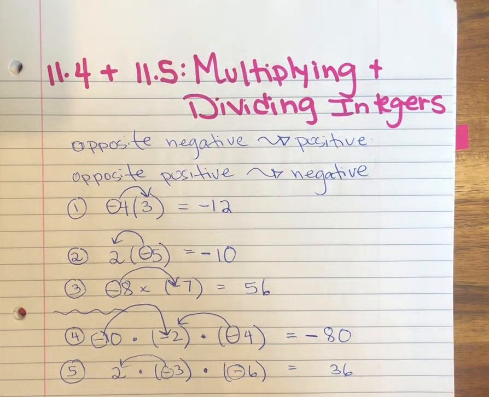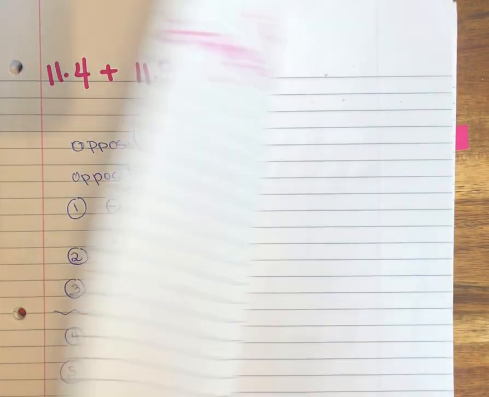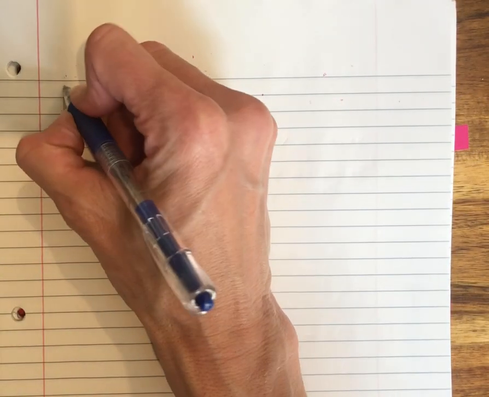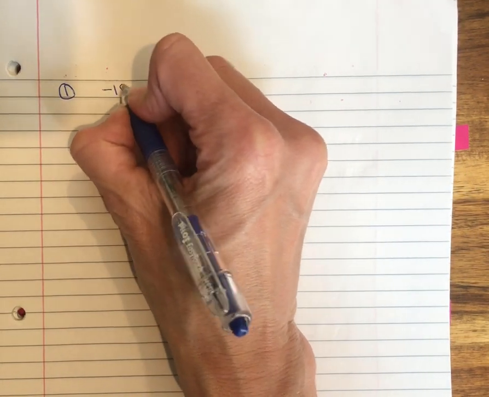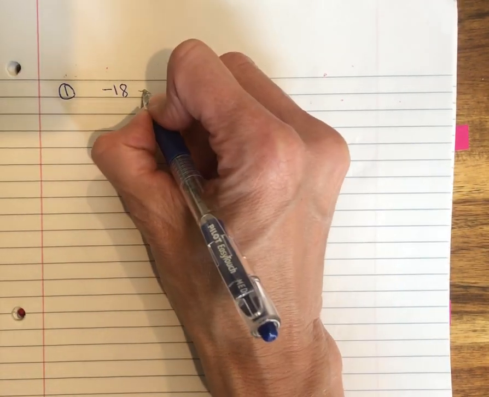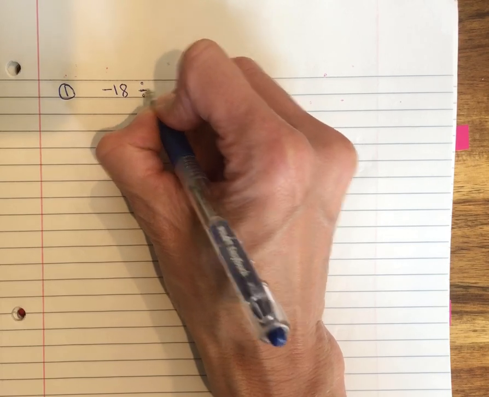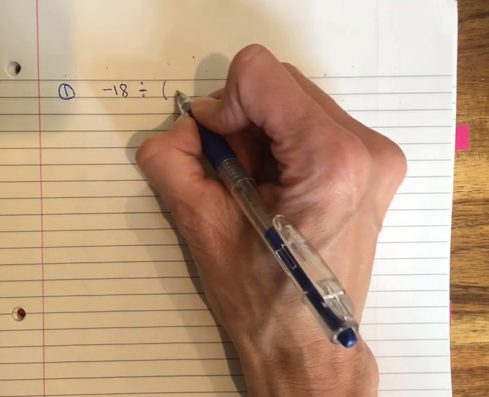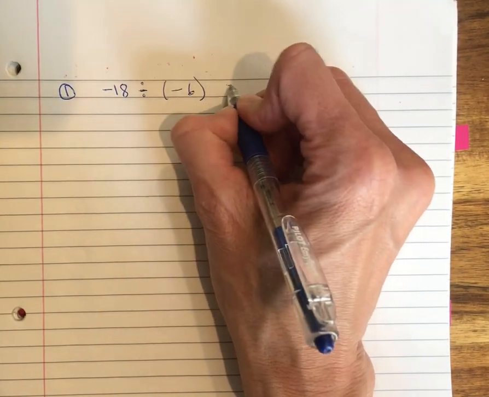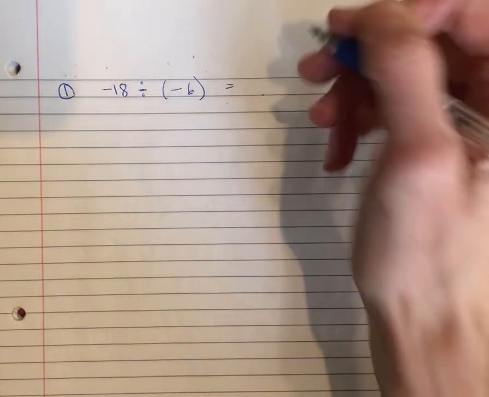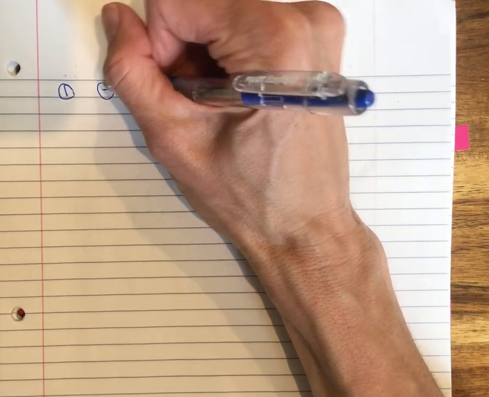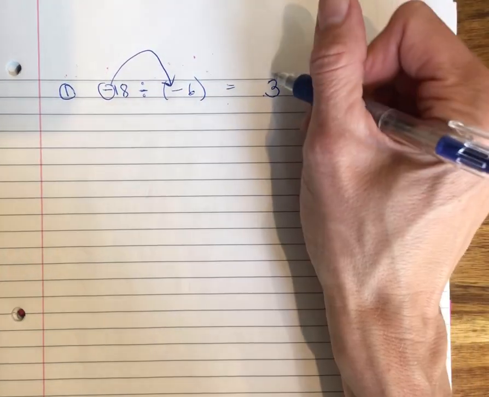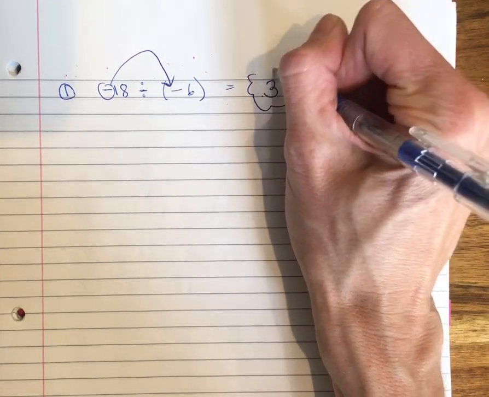Now you'll notice all these problems I gave you are for multiplication, but the same rules apply if it's division. So let's take a look at just a few division problems. Number 1, -18 divided by, let's just make it easy, -6. Well, 18 divided by 6 is 3, and the opposite of a negative makes our answer a positive 3.